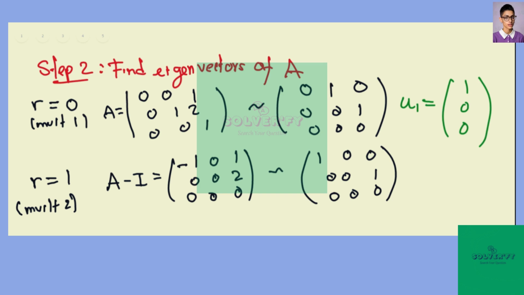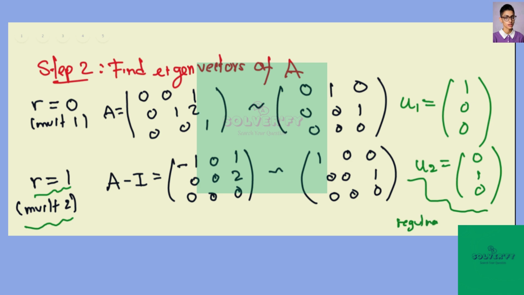So this null space is spanned by just one vector, the vector 0, 1, 0. This eigenvalue has multiplicity 2, so we need two generalized eigenvectors, but this matrix only has one regular eigenvector.